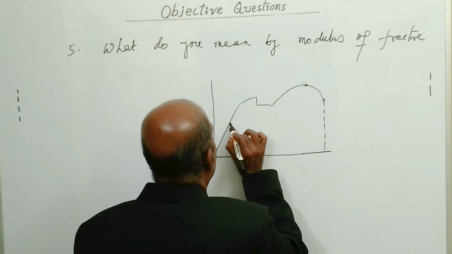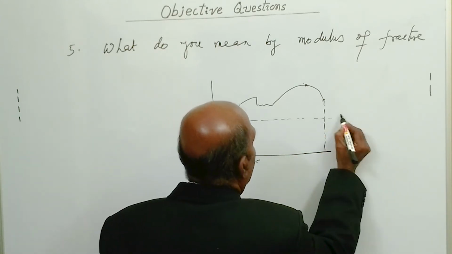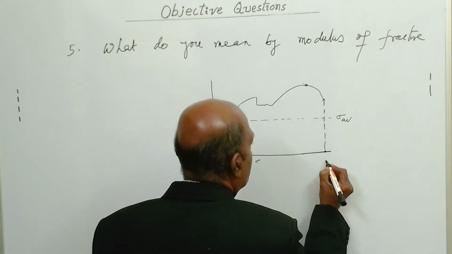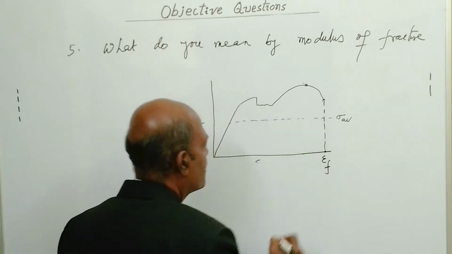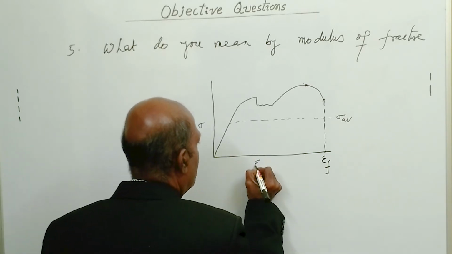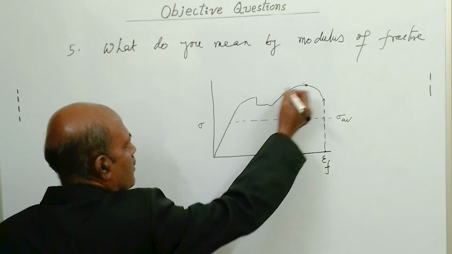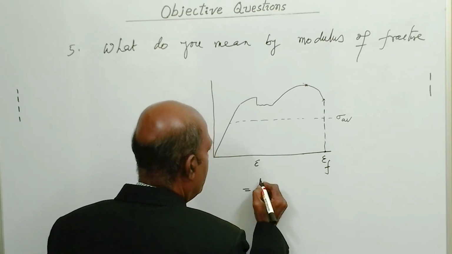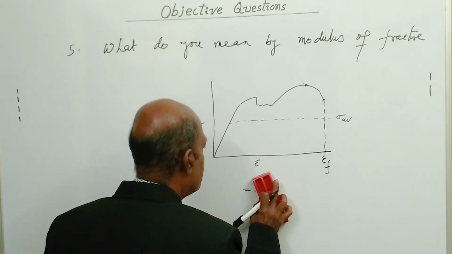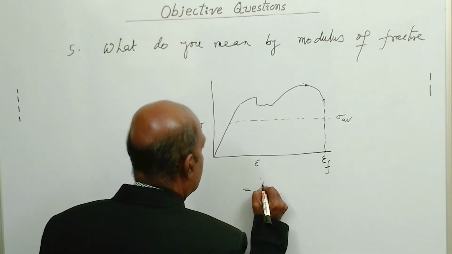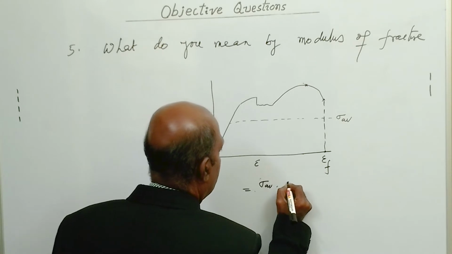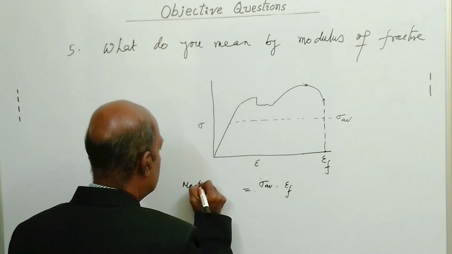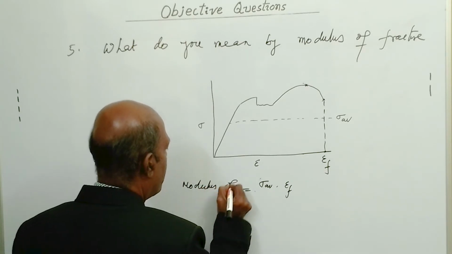Now let the average stress be sigma average, and at the failure point say epsilon f is the strain developed. Then this total area is given by sigma average into epsilon f. This is called the modulus of fracture.